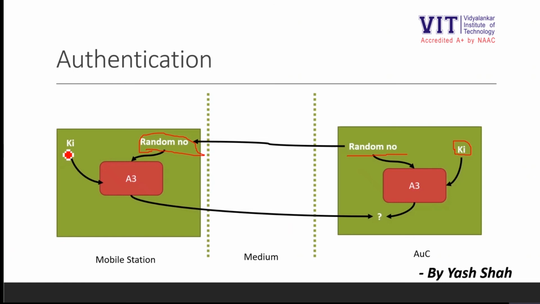As we earlier discussed, the subscriber identity key is already present with the mobile station, inside the SIM. The key and the random number are then passed through the A3 algorithm to generate a secured response, SRES.